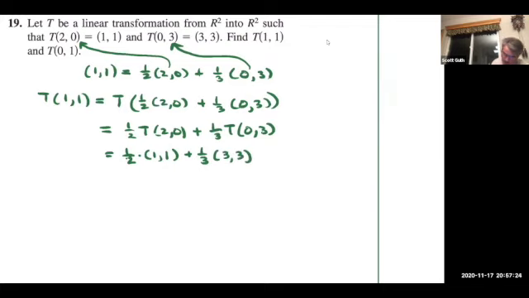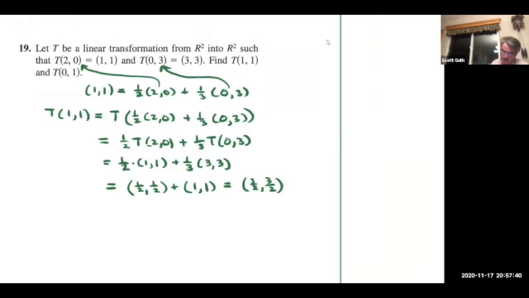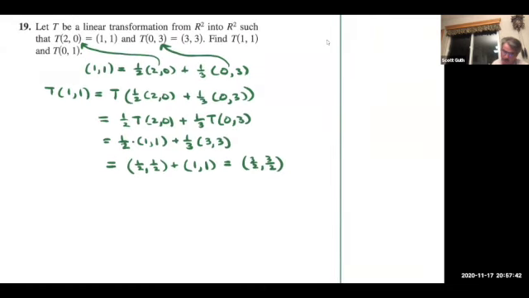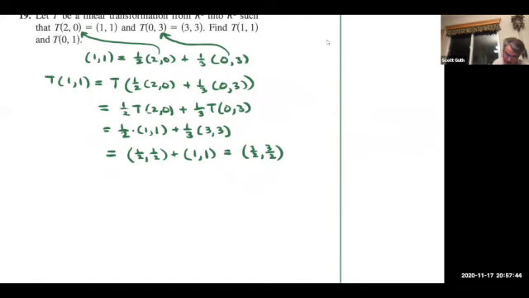So I think we're getting a half plus 1, 1, which I guess is 3 halves, 3 halves, like that. Now they want t of 0, 1, which is almost too easy.